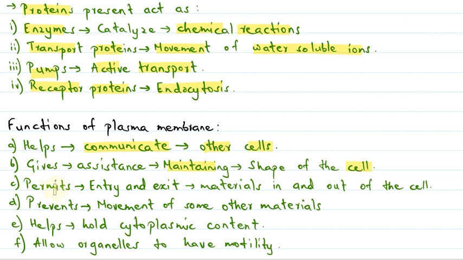The plasma membrane also permits the entry and exit of materials in and out of the cell, and it prevents the movement of some other materials, and because of this property it is commonly known as a selectively permeable membrane. It also helps to hold the cytoplasmic content, and it allows the organelles to have motility. So these are some of the important functions of the plasma membrane.